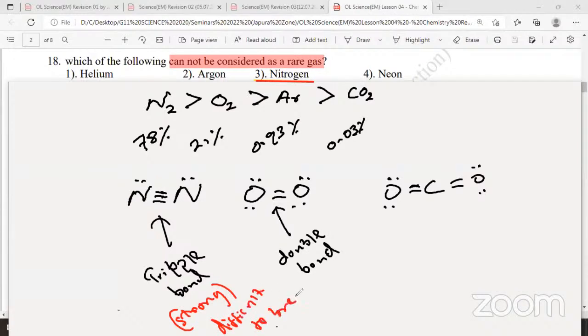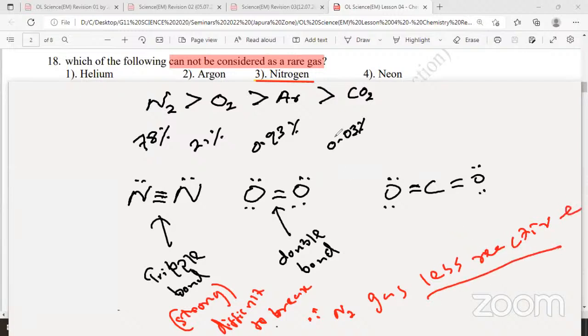Therefore, nitrogen gas is less reactive, even though it is 78% in the atmosphere. That's why it is used to fill electric bulbs also. Filament bulbs, nitrogen gas is used to fill electric bulbs because it's less reactive.